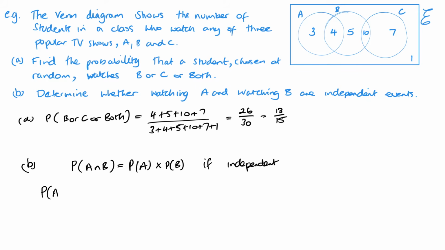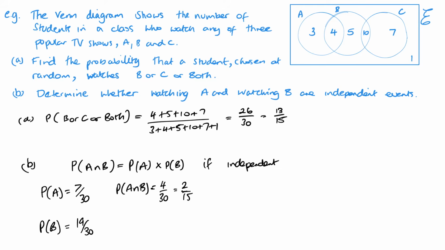So we need the probability of A. The probability of A is here, so it's 7 over 30. Probability of B is the circle for B, so it's 19 over 30. And the probability of A intersection B is where the two intersect, so it's 4 over 30, or 2 over 15.